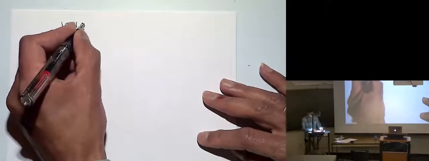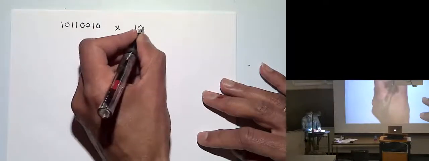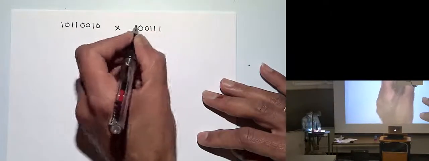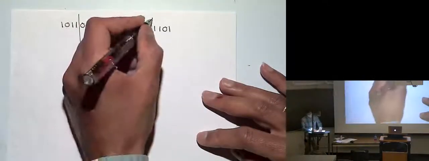Shall we stick with bits as opposed to digits? We did this, right? So 10110010 times 100111.